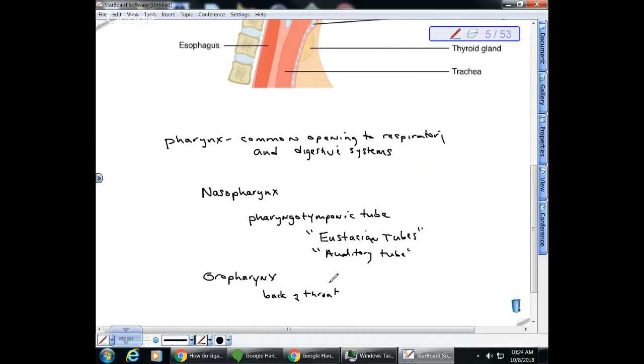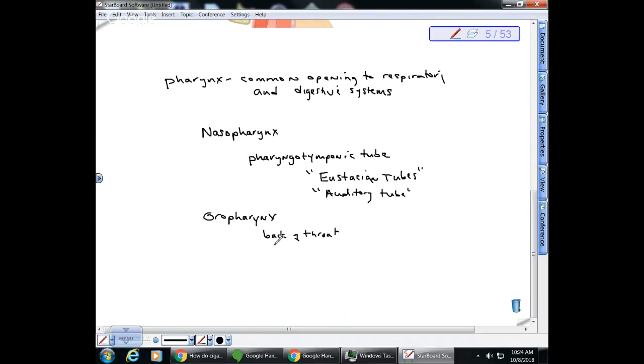The back of the throat, the oropharynx, actually changes from being pseudostratified to stratified squamous. So now we have stratified squamous tissue. You can think about anywhere where we might have lots of friction, we're going to have stratified squamous.